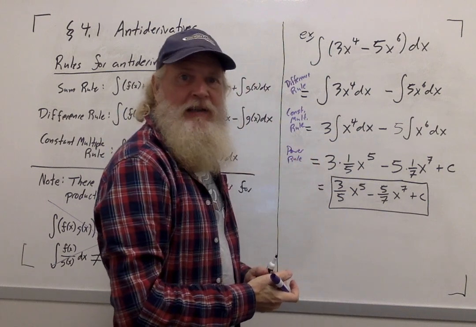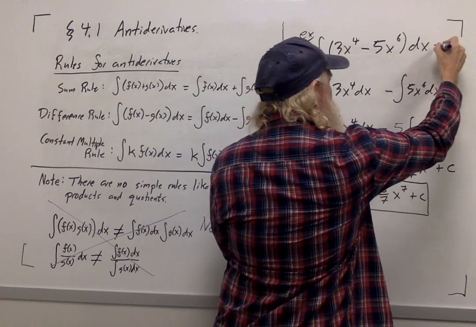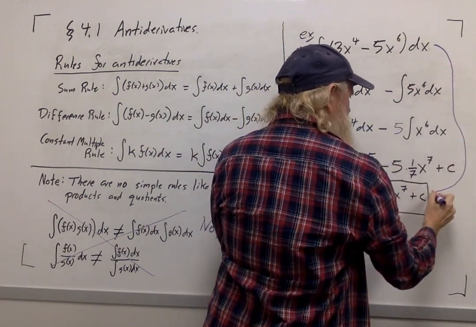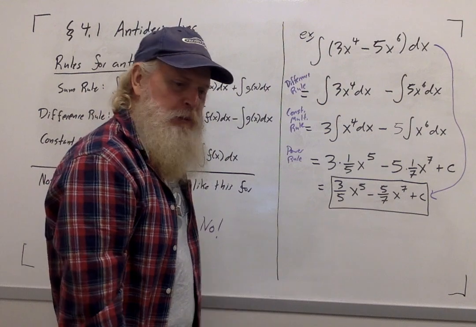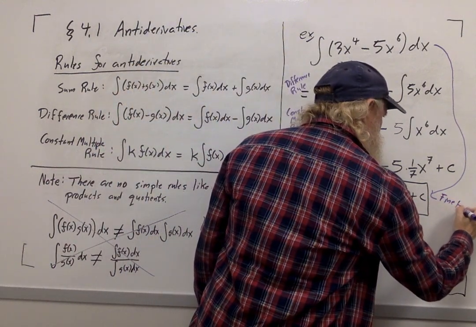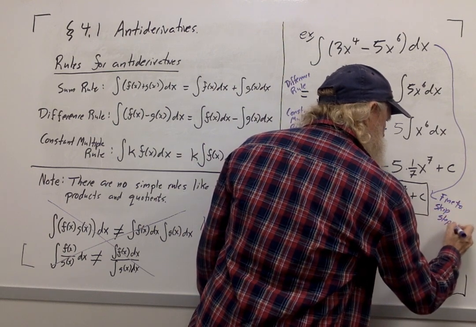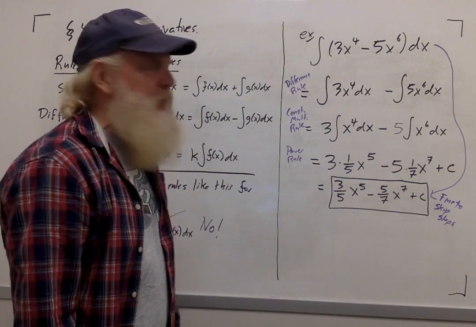Something I fully expect is that with a little bit of practice, many of you are going to be skipping from the original problem directly down to this. And it's going to be fine to skip steps. As soon as you can skip steps without making mistakes, go for it.